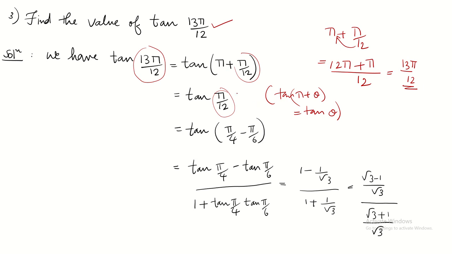Sum means addition, difference means subtraction. So how can I write this pi by 12? See here, I have written pi by 4 minus pi by 6. Let me check whether that is proper or not.